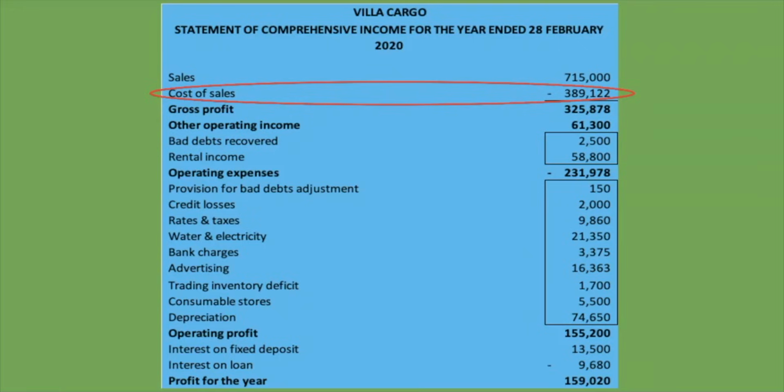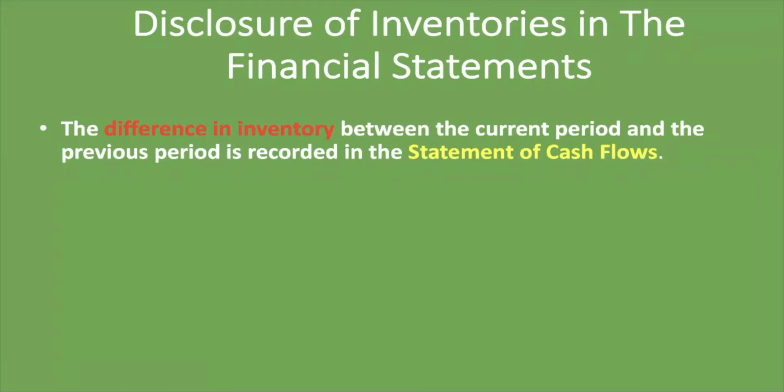Now, how do you account for inventory in the statement of cash flows? How does it appear, or how is it recorded? Well, the difference in inventory between the current period and the previous period is recorded in the statement of cash flows. So now you can see how inventory affects each of the statements. In the statement of financial position, we mentioned that you record the inventory that you have, or the inventory that is remaining in your business or in your storehouse.